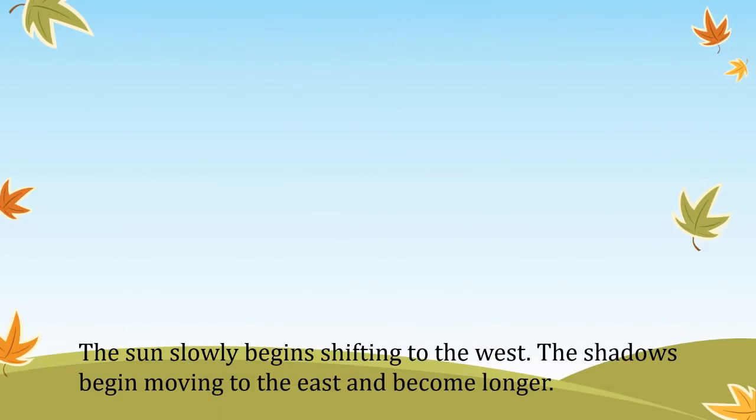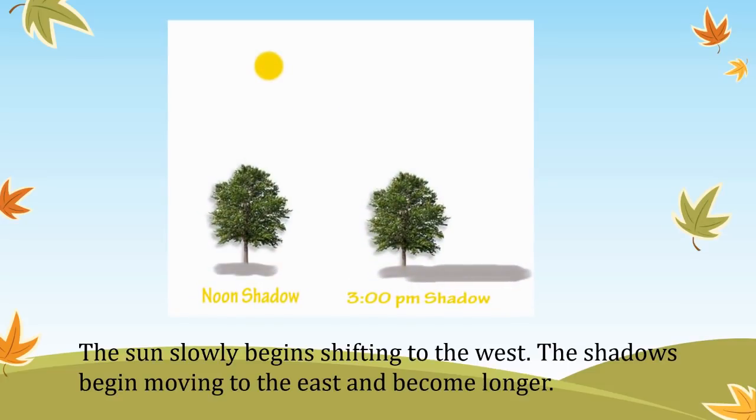The sun slowly begins shifting to the west. The shadows begin moving to the east and become longer. So students, as I said, slowly the sun begins to move to the west side and the shadow to the east. And the shadow is becoming long.